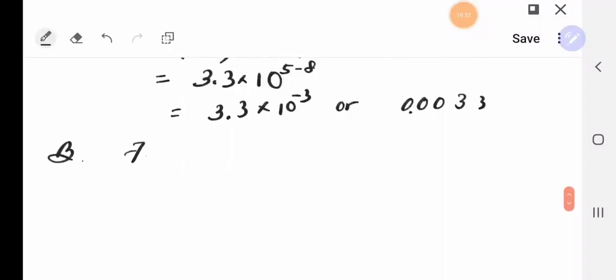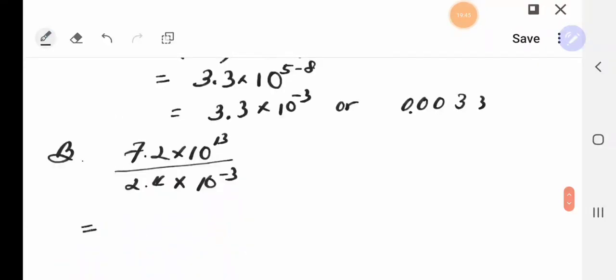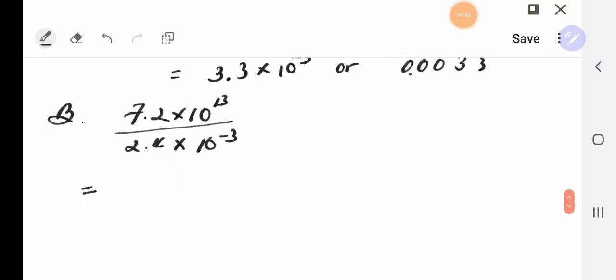7.2 times 10 to the 13th power divided by 2.4 times 10 to the negative 3rd power. Let's check the numbers when we simplify this. 7.2 divided by 2.4 is 3, because 2.4 times 3 is 7.2.